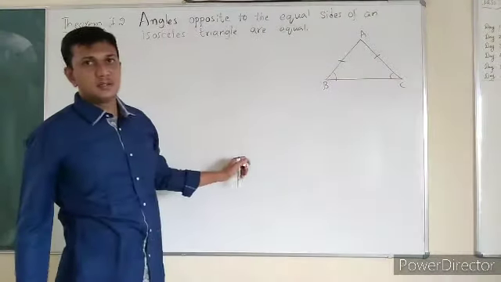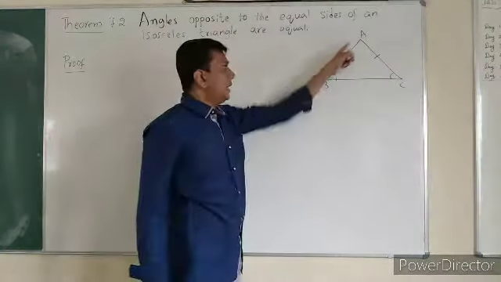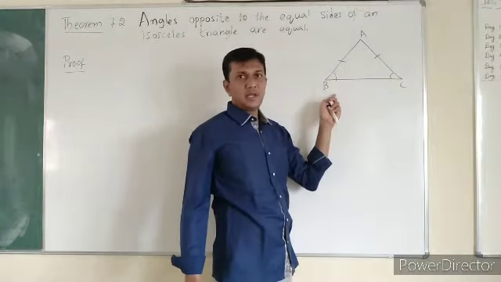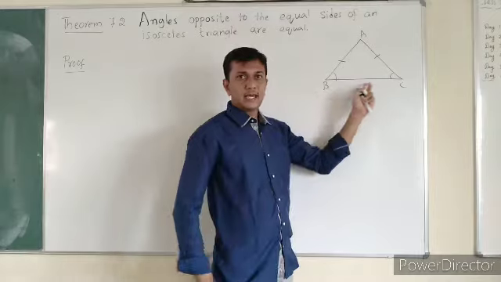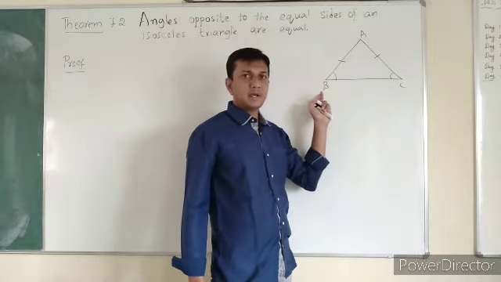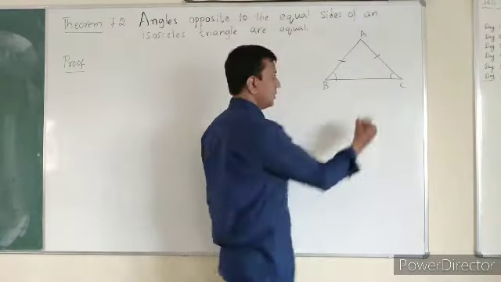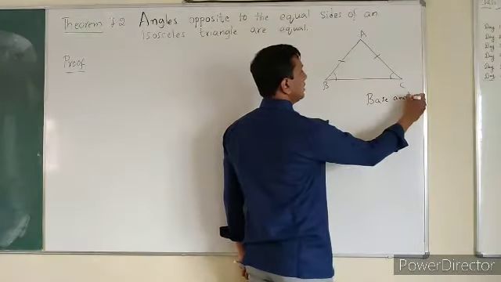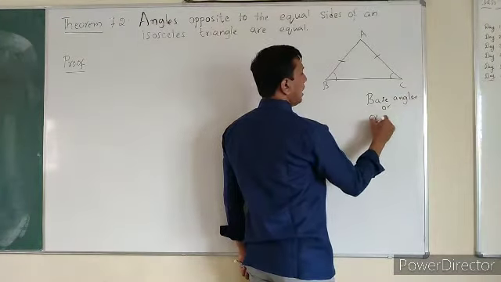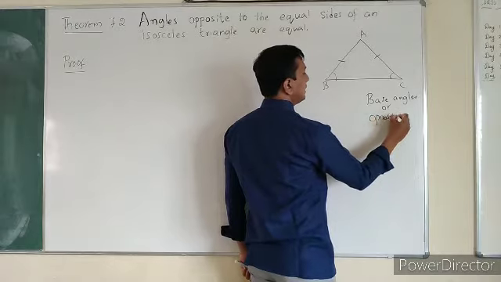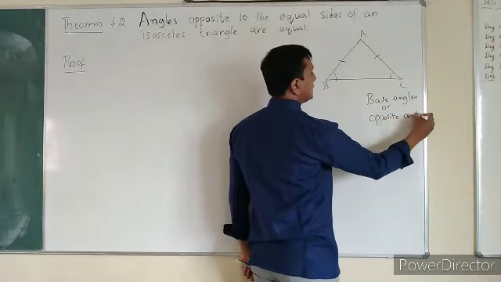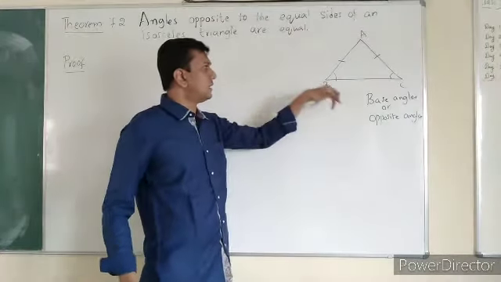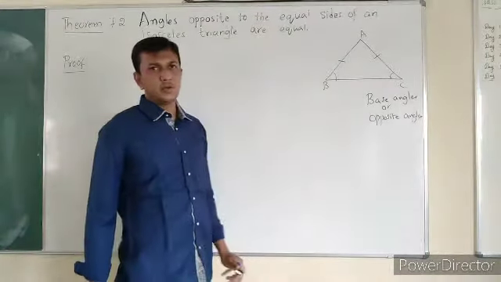We know that in triangle ABC, if it is an isosceles triangle, opposite angles are equal, or sometimes we call them base angles also. So we have to prove that these two opposite angles are equal.